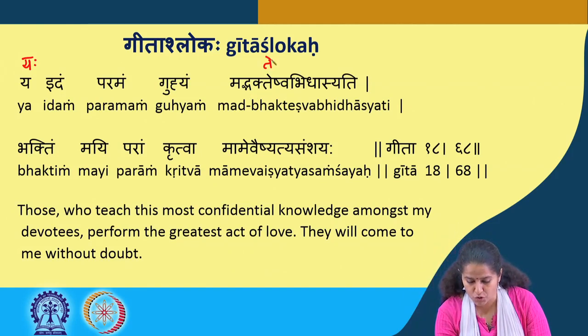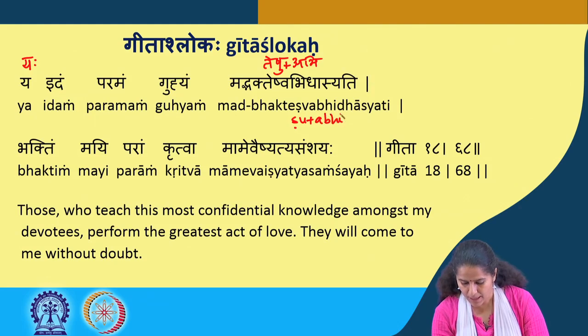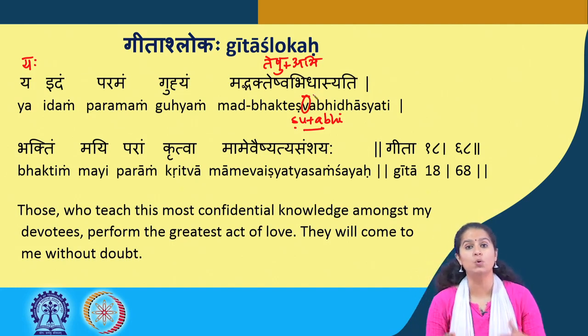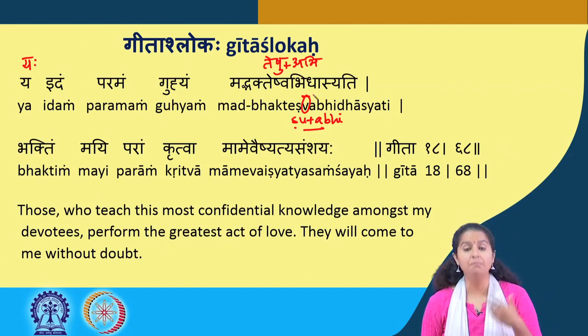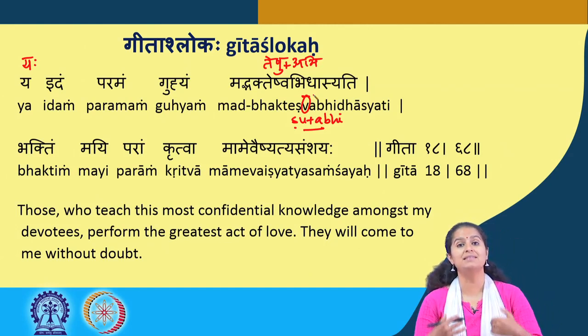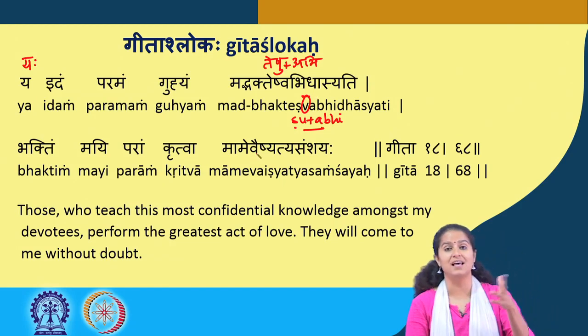So I'll also introduce you to the sandhi mad bhakteshu abhidhasyati. So here we have bhakteshu plus abhi, and as you can see the combination there becomes the V here. Alright, mad bhakteshwabhidhasyati bhaktim mai param kritva, by having this highest devotion in me, mam evaishyatyasanshayah.